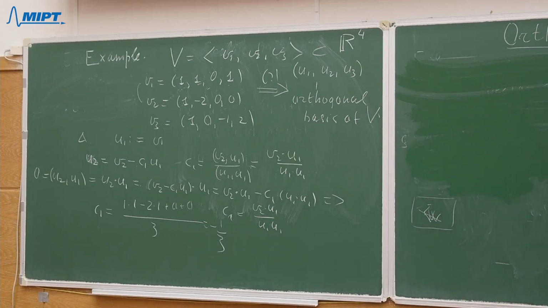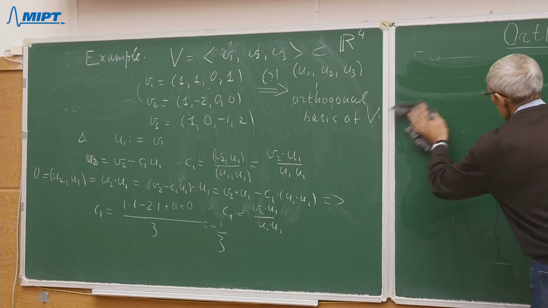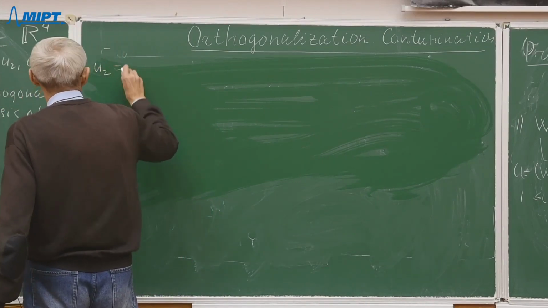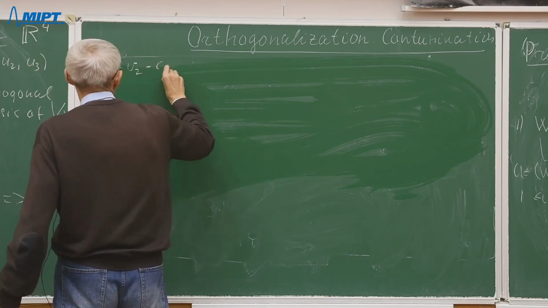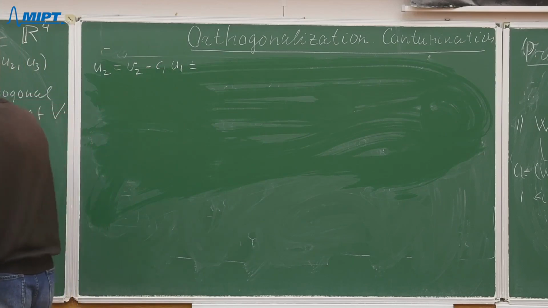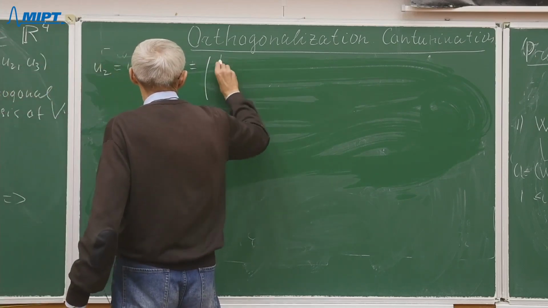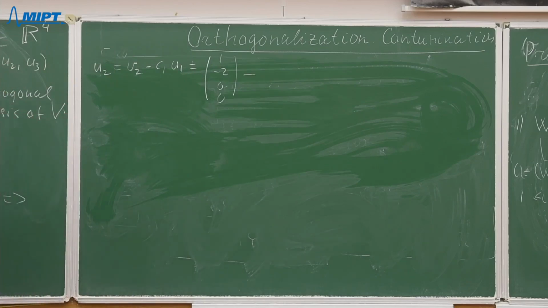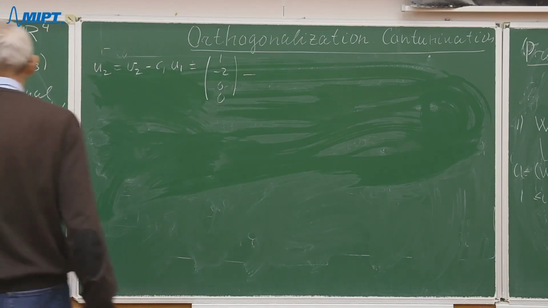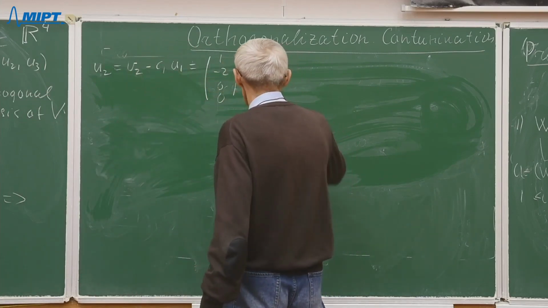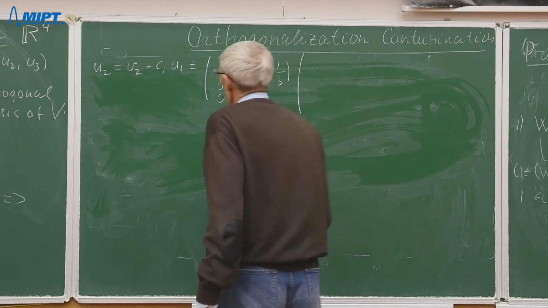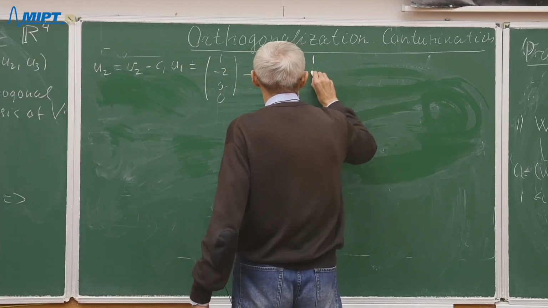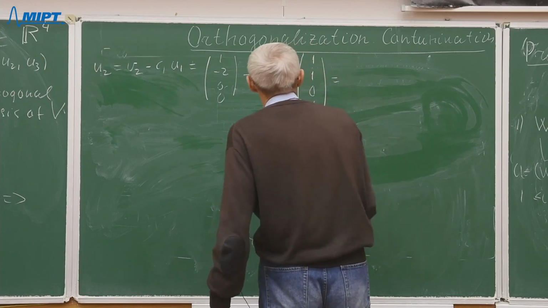And now we can calculate the second vector of our orthogonal system. u2 is equal to v2 minus c1 u1. v2 has the following coordinates: 1, minus 2, 0, 0, minus the coefficient c1, which is the ratio minus 1 over 3, times u1, which is equal to v1, with coordinates 1, 1, 0, 1.